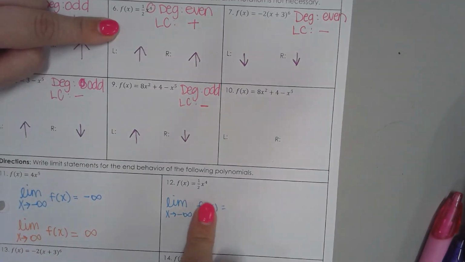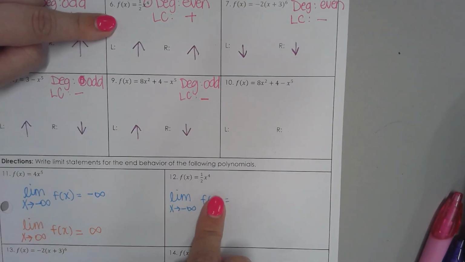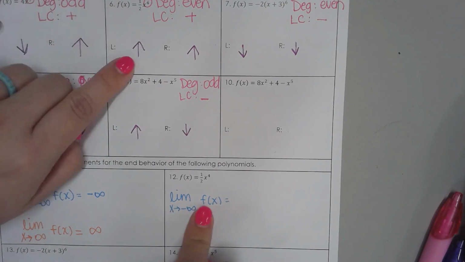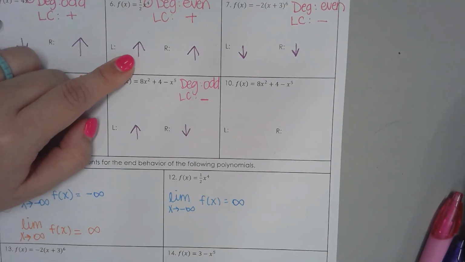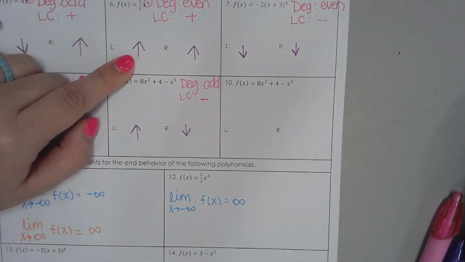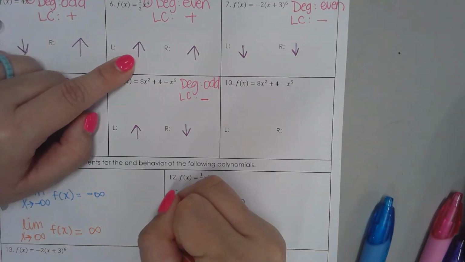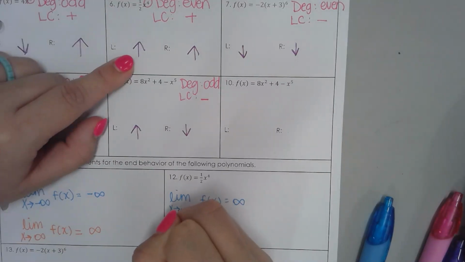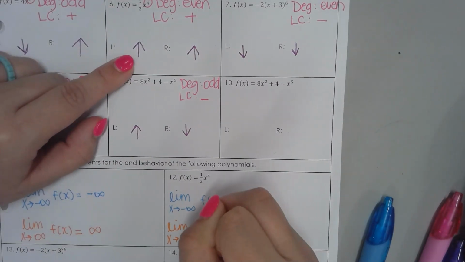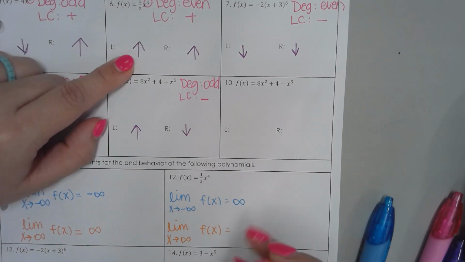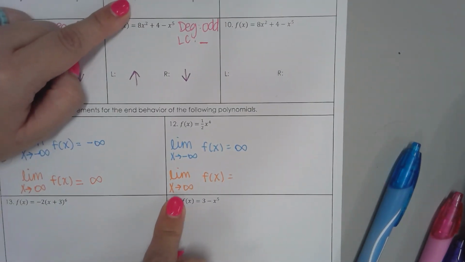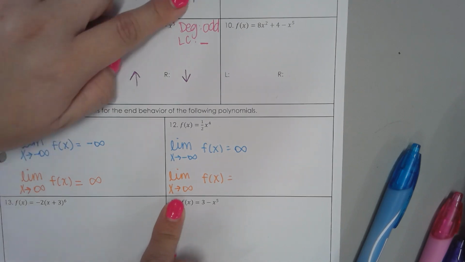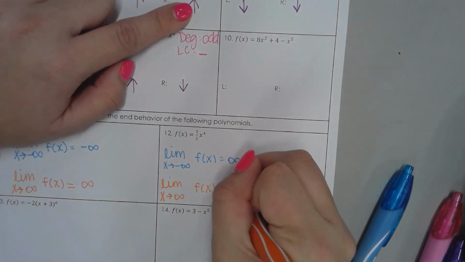That's another way that it can be written. Equals. So that's the left side pointing up, positive infinity. Okay. And I've got my right side. It's pointing up. I'm going to put positive infinity.